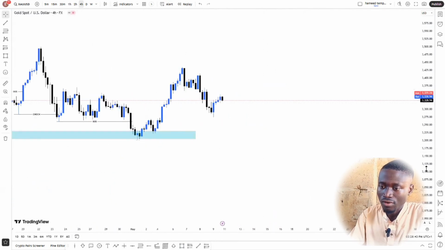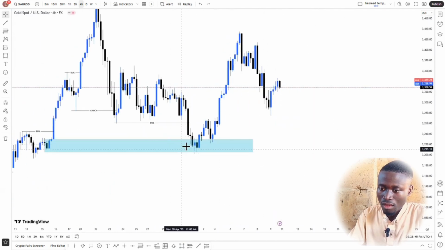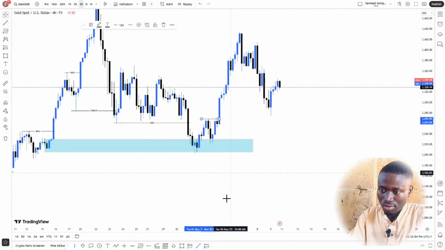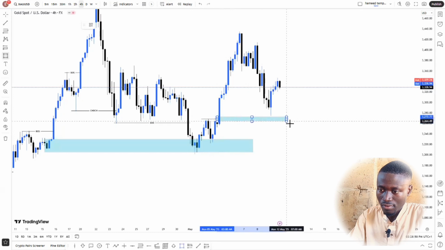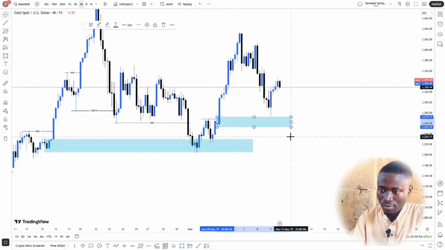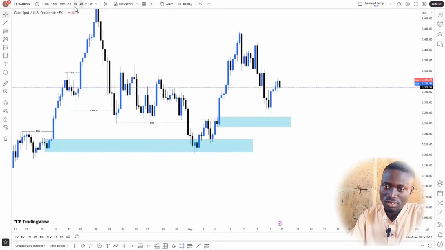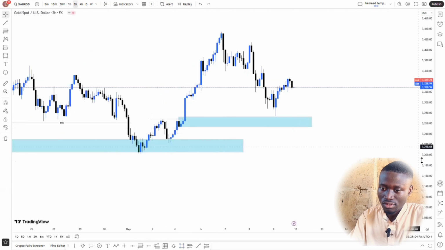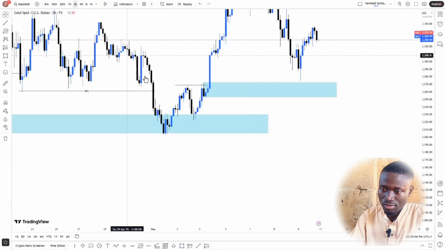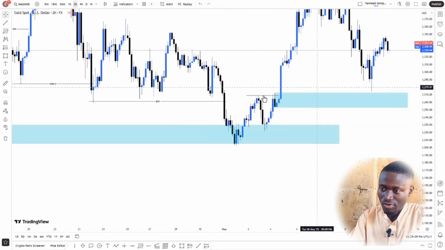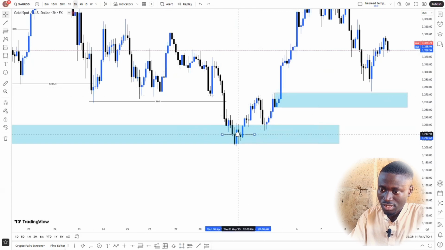Now on the 4 hour, let me zoom out so we can see. On the 4 hour here, we have this break of structure, and we have the origin here. Let's go to a smaller time frame so we can see this very well. Okay, this is it here. Before we come to this side, let's finish here.